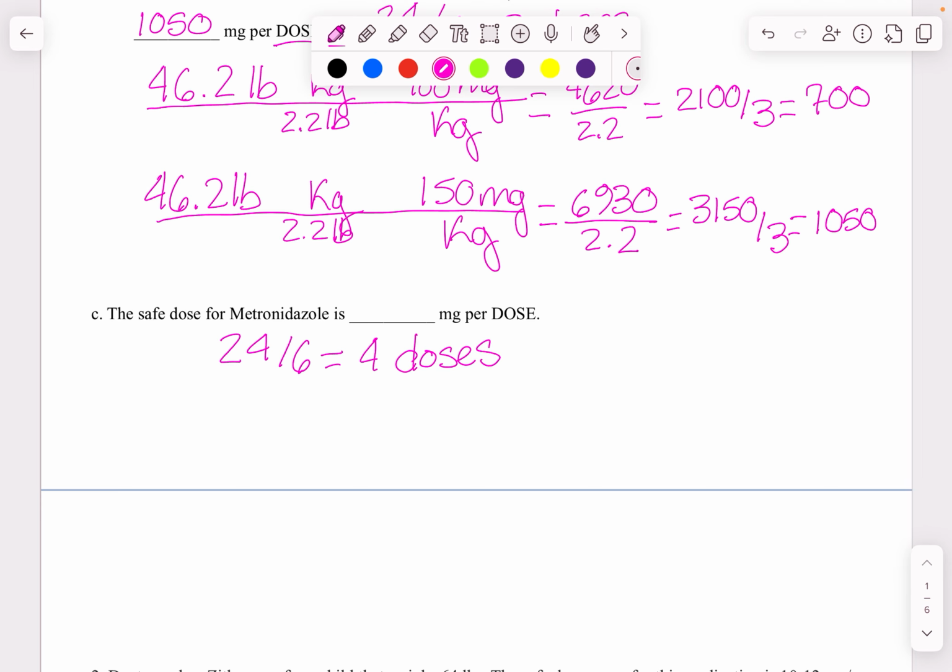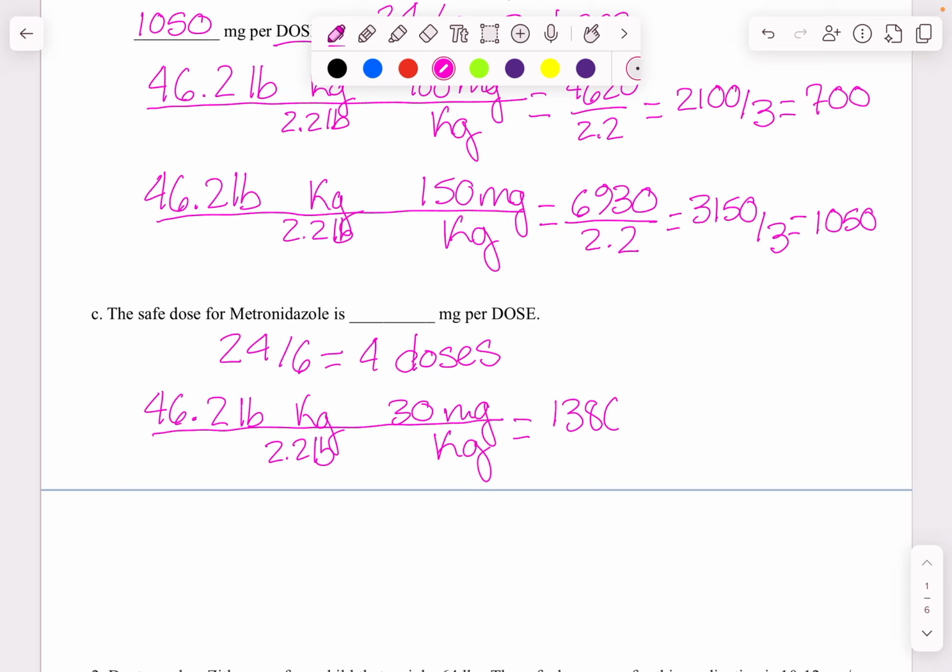All right, so weight-based, 46.2 pounds, 2.2 pounds per kilogram, 30 milligrams per kilogram is 1386 divided by 2.2 is 630. Divide that into 4 doses and you get 157.5 milligrams per dose. So you pop that right up there.